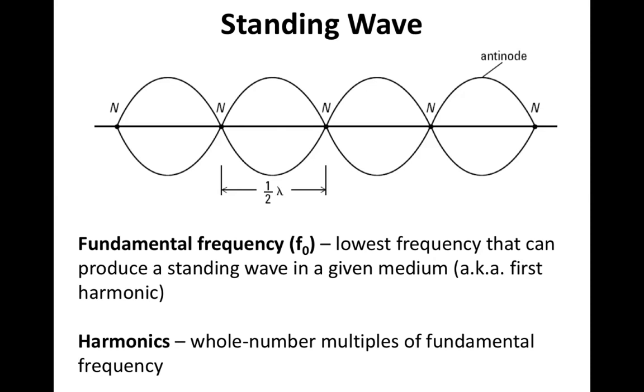We can create one that has 2 lobes like that. Or we can have one that has 3 lobes, or this one has 4 lobes. So this would be the 4th harmonic of the string, because it's the 4th frequency that would produce a standing wave where there's a fixed end or a node at one end and a node at the other end.